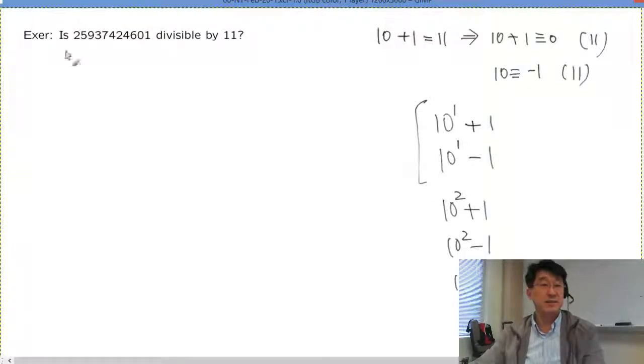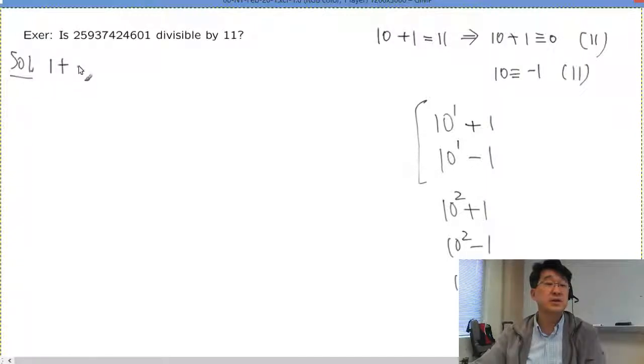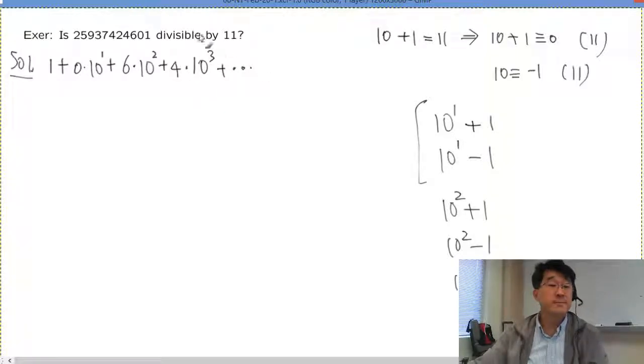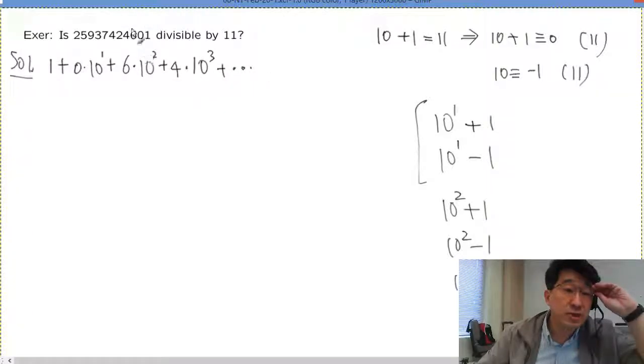All right? Let me help you with the beginning part. What is the beginning part? You write 1 plus 0 times 10 to the first, right? 6 times 10 squared. 4 times what? 10 to the third. Go on. That's the third. 4, 5, 6, 7, 8, 9, 10.